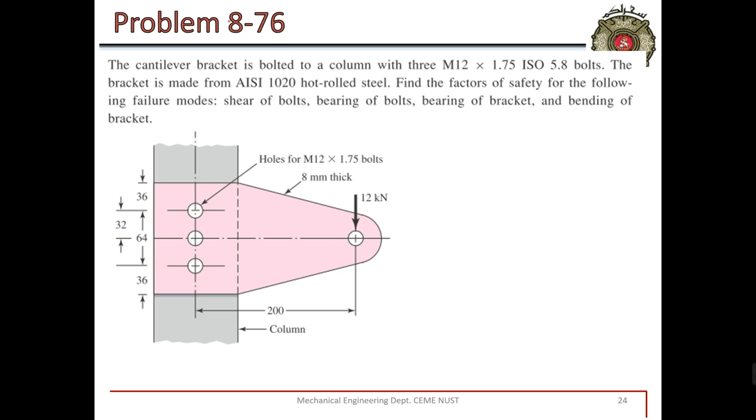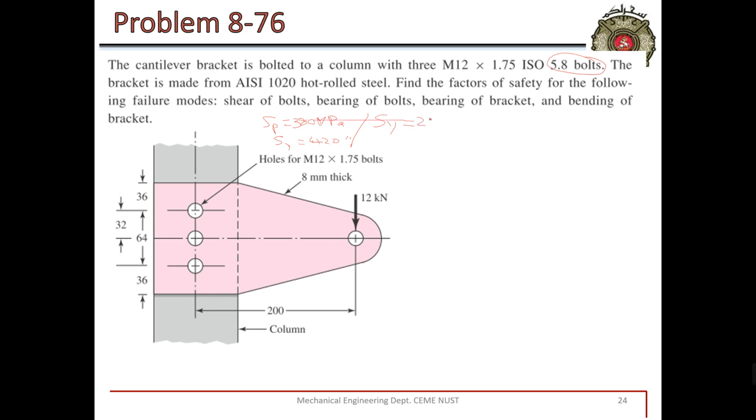For an ISO 5.8 bolt, you can just go to the table and check the value of Sp for this bolt. Let me write here. Sp for a 5.8 bolt is equal to 380 MPa, and similarly Sy is 420 MPa. Similarly, for the material which is given, 1020 hot rolled steel, you can check Sy from table A20 in the appendix.